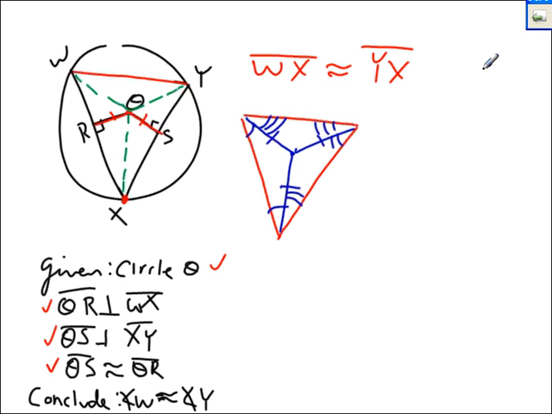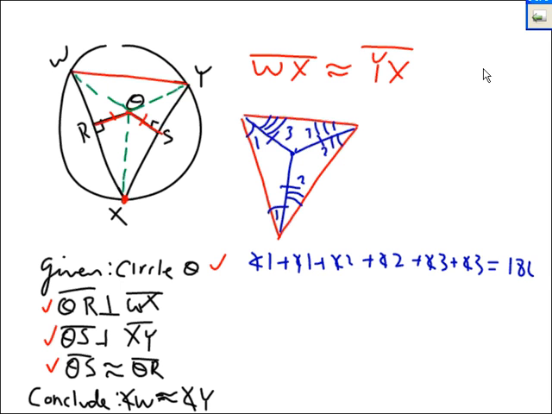Okay. So, let's call this 1 and 3 and 3 and 2 and 2. So we have angle 1 two times, plus angle 2 two times, and angle 3 two times in the big red triangle. And this, of course, adds up to 180.